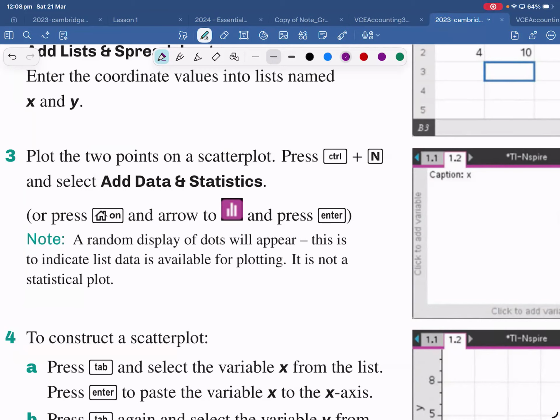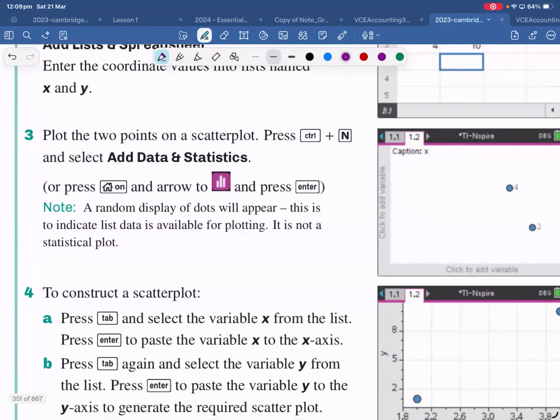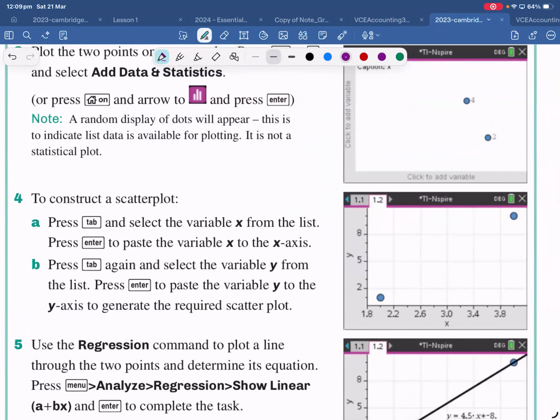Then to get the graph, you can press tab and select the variable x from the list. And then did you get the line?